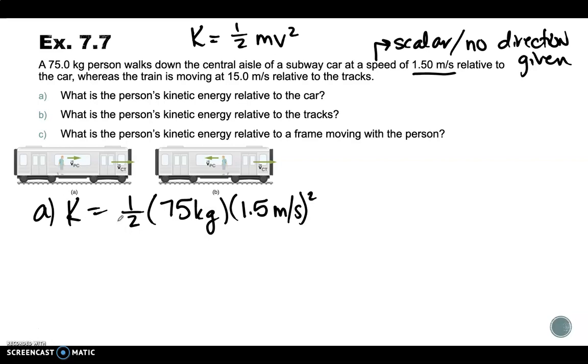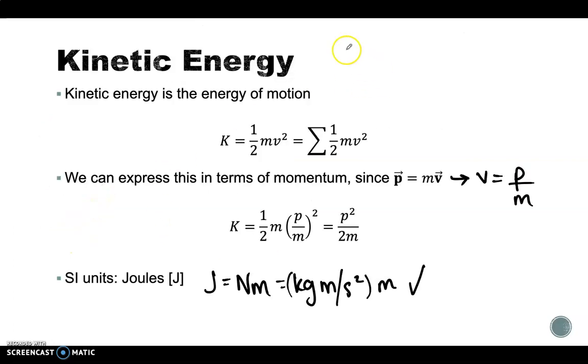We don't know, so we're just looking at this as a scalar quantity. And we do know also that kinetic energy is scalar as well. I should have written that here. Scalar. Just like work was.